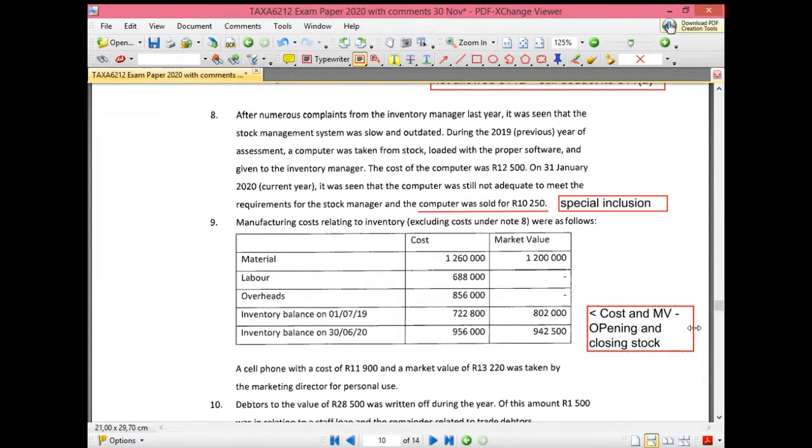Okay. I'm just going to repeat that. You apply the lower of the cost and the market value, but only for your opening and closing stock, not for any purchases or stuff that you use during the year. So this material one, you would use the actual cost amount as opposed to the market value. Okay, so this is how they're trying to confuse you.